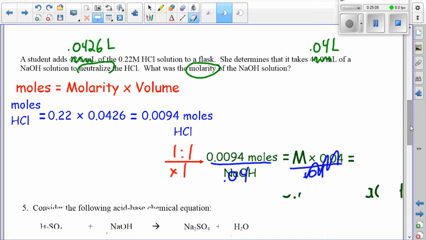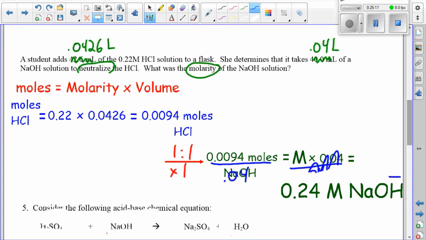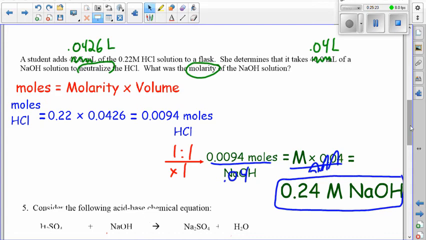If you plug it into your calculator, you will find that the molarity is 0.24 NaOH. And there goes the box, because I'm a model student. Maybe you circle it instead. No, just kidding. Circles are fine.